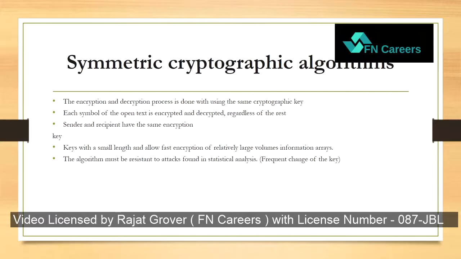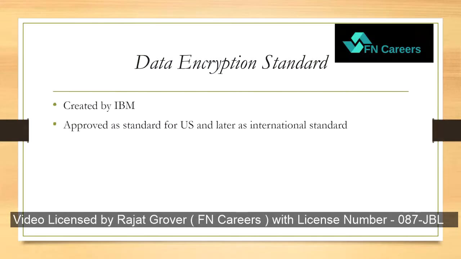Now let's talk about the different algorithms. The first one is the Data Encryption Standard, or shortly DES. This algorithm was created by IBM in 1977 and has been approved as a standard for the United States.